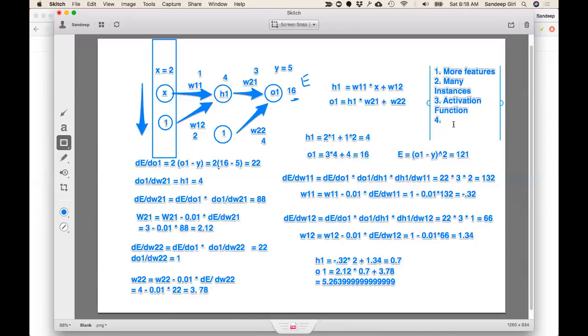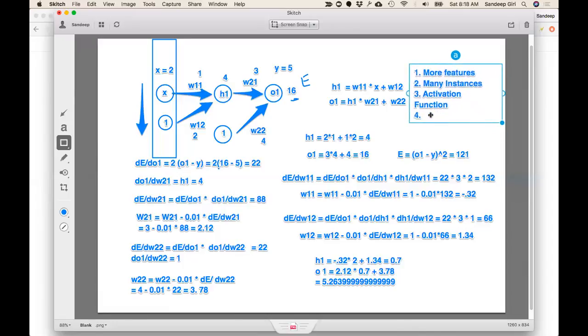Now these were the assumptions that we made here. These were the simplifications that we brought: basically the basic features, many instances, activation function. In order to reduce the complexity of this discussion, we kept these things really simple.